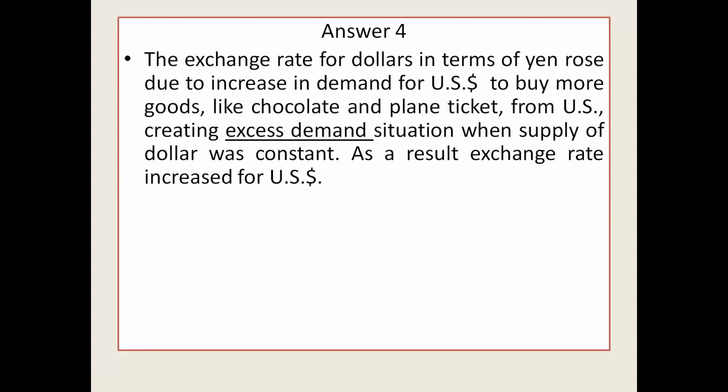In the second round, because of increase in your income you created demand for US dollar, right? But the supply of US dollar was constant, 5 US dollar only. So as a result there was a situation of excess demand, and as a result there was rise in exchange rate.